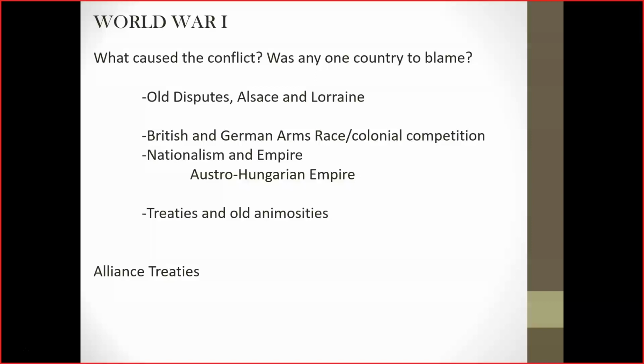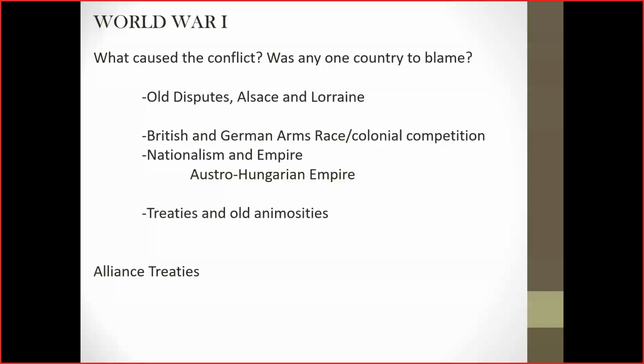So there are military arms races, and that's a really important lesson, because when you have competing powers that are increasingly building up the weapons of war, there is an increasing tendency to potentially use those weapons.